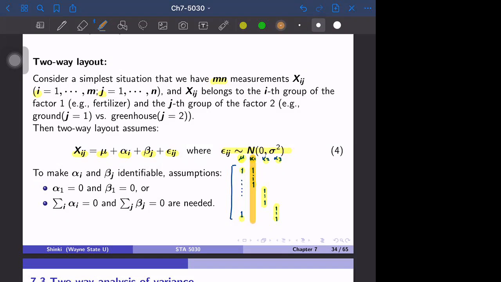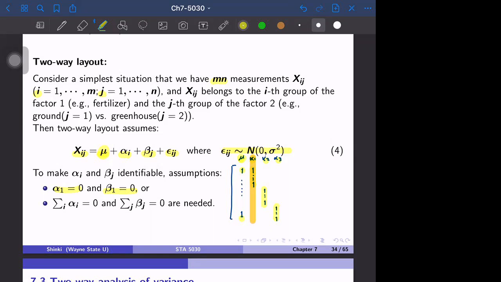One way is to assume alpha 1 is equal to 0 and beta 1 is equal to 0. In this case, mu represents the baseline yield for the first level of the first factor and the first level of the second factor, for example fertilizer 1 and the ground, the combination of these two.